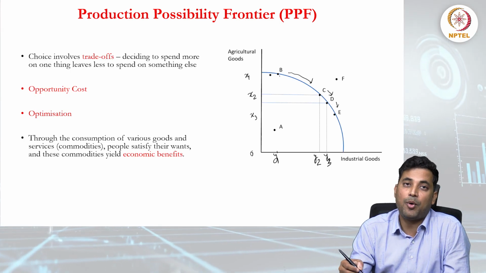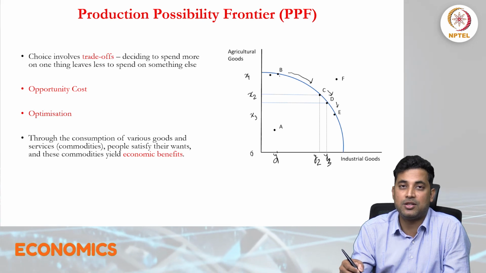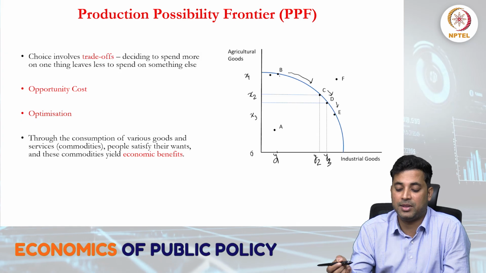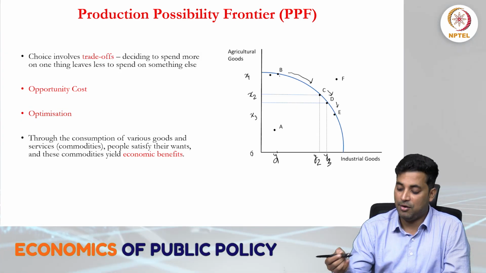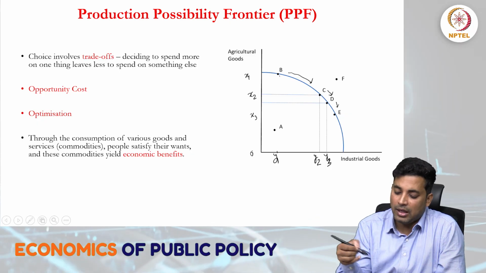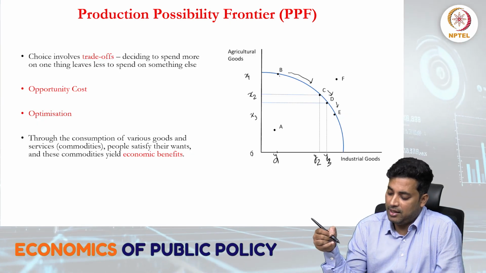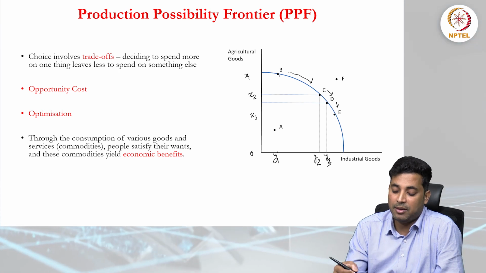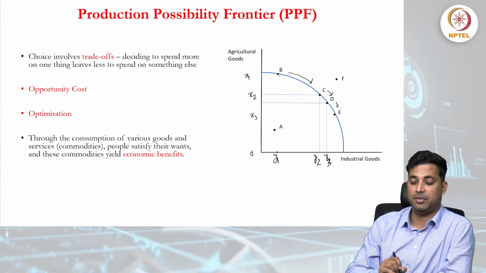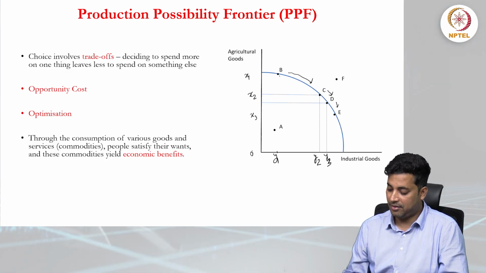And if I want to achieve point F, then the nation has to re-strategize because it falls above the production possibility frontier. So of course A, B, C, D, E are all achievable, but point F within the given resources is not achievable, and that is the point I'd like to highlight here.